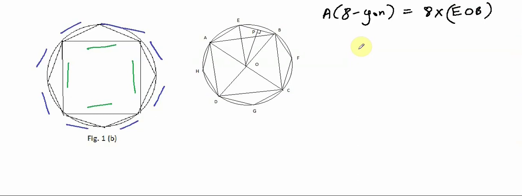So for the area of triangle EOB, we apply simple half into base into height. So for that we want EB, and EB can be calculated from EP. We notice that this angle is the angle subtended by the entire circle divided by 8.